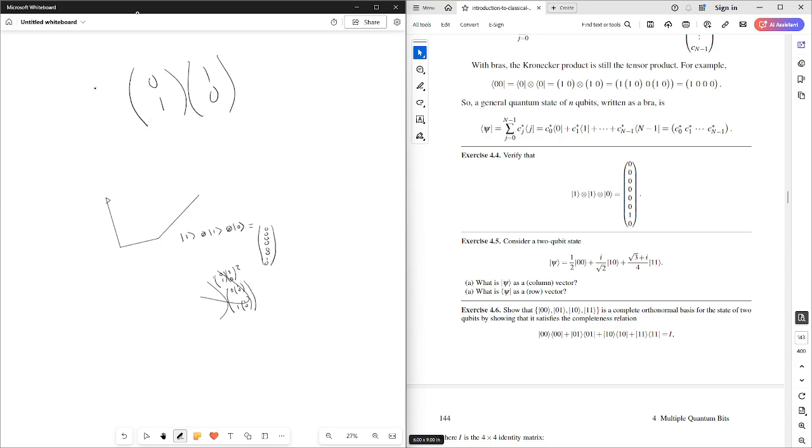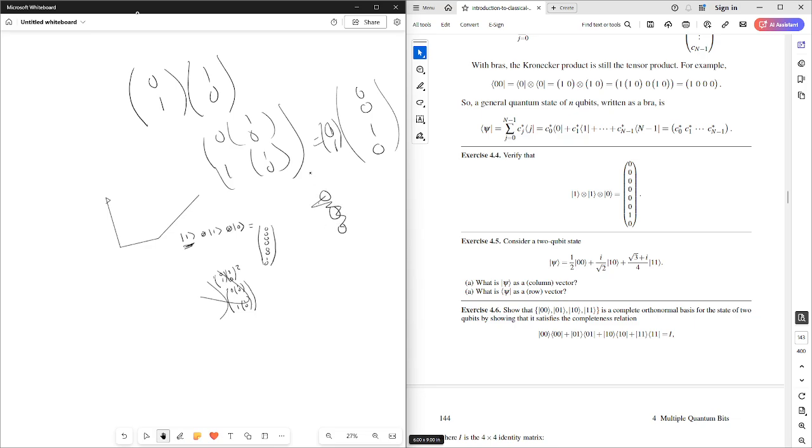Which gives us 0 times 1, 0 times 1, 0, and gives us 0, 0, 1, 0. Now we'll take this whole thing and multiply it by 0, 1, by our state 1 here. So 0, 0.